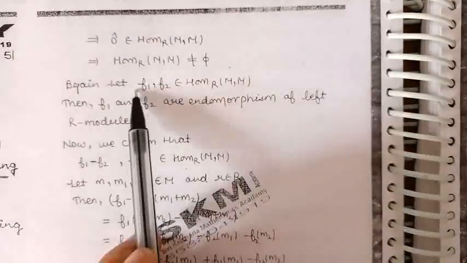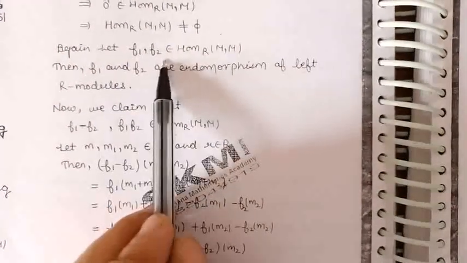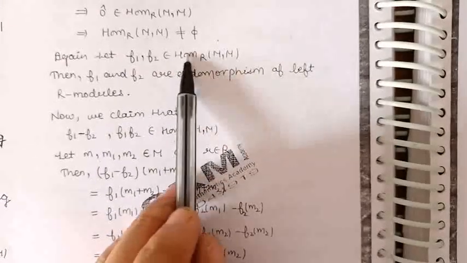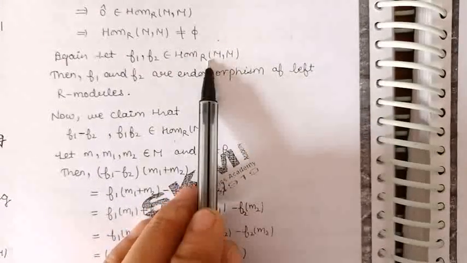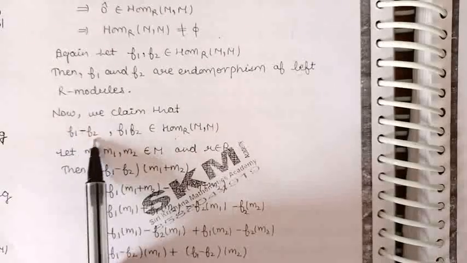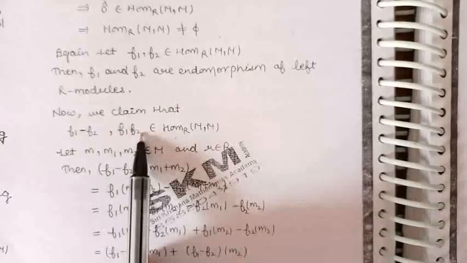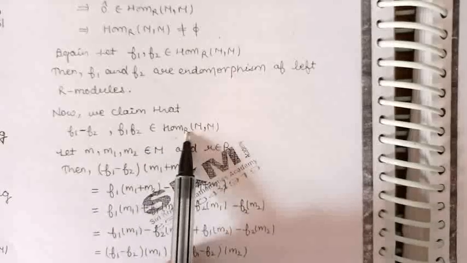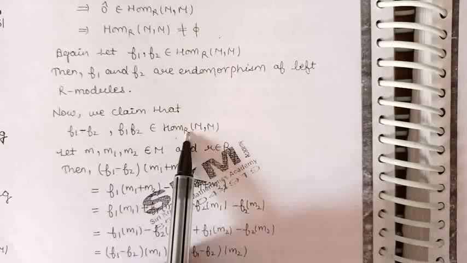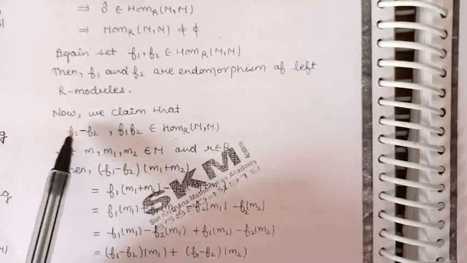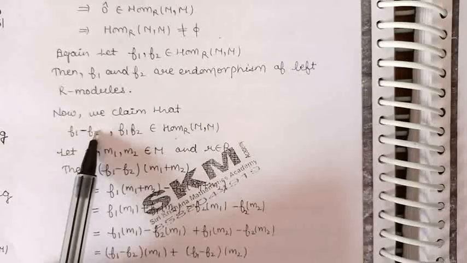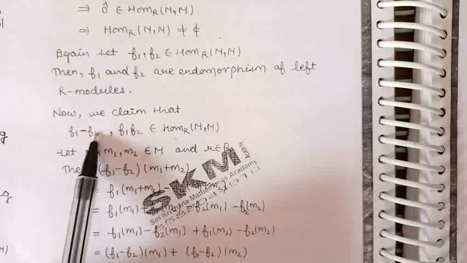Now let us take two elements F1 and F2 belonging to the set of R homomorphisms of module M. Now to prove subring, we will have to prove that F1 minus F2 and F1 into F2 belong to this set. So first of all, we will prove F1 minus F2 is an R homomorphism of module M.